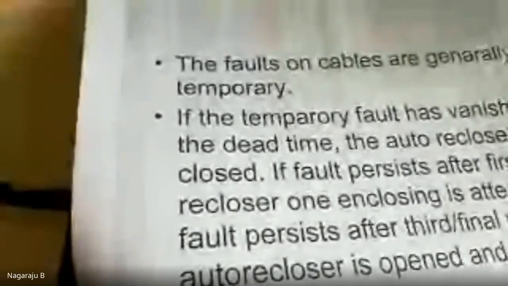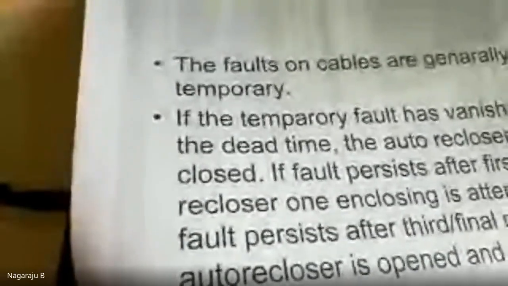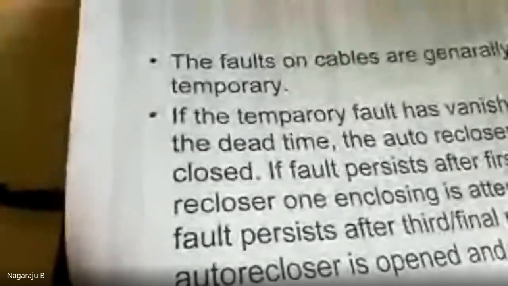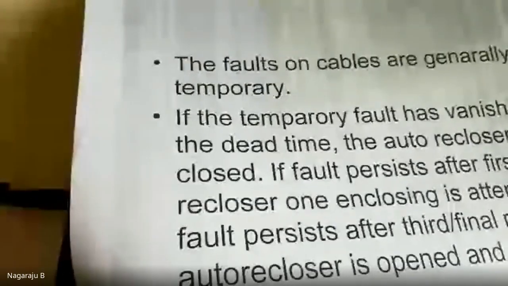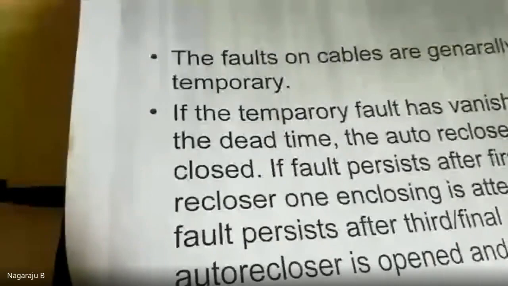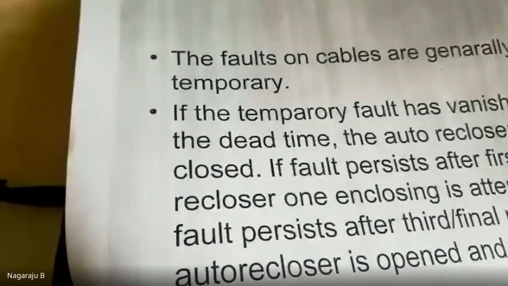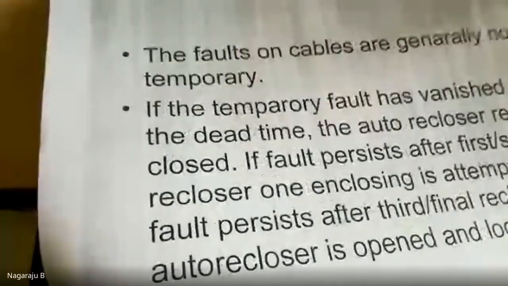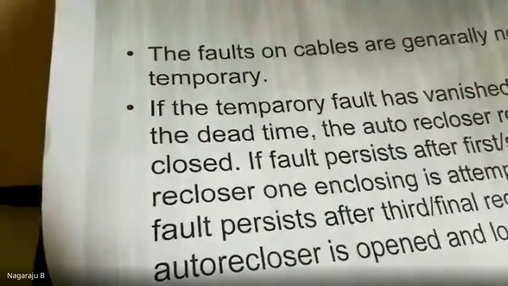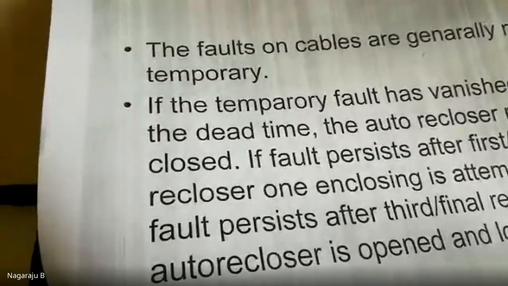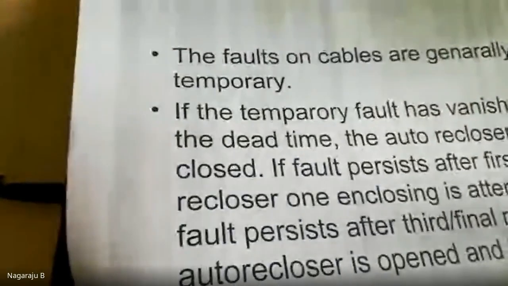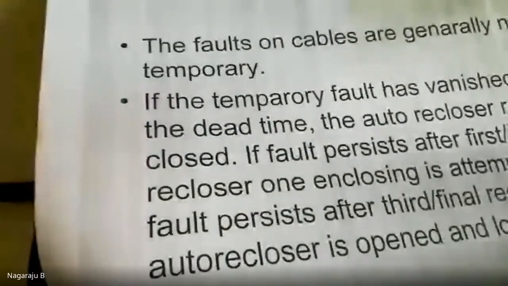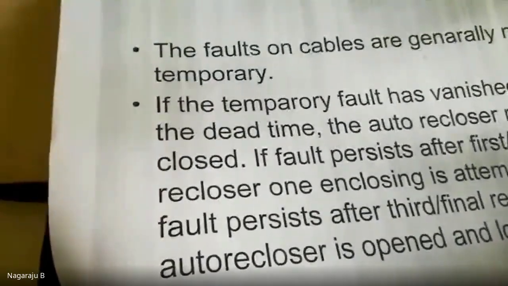If the fault persists after the third and fourth reclosure, the auto recloser is opened and locked. Temporary faults are those you can clear within a fraction of a second, and you can open that particular device.